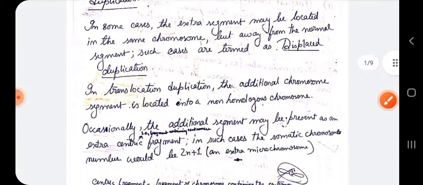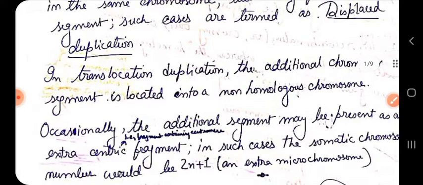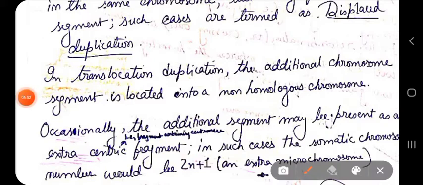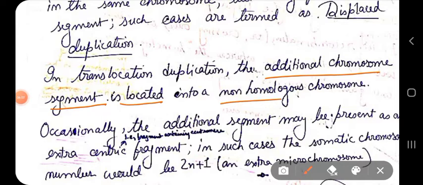And another type of duplication is called translocation duplication. It is just like a translocation when we study the simple translocation, where the additional chromosome segment is located in a non-homologous chromosome, in a different chromosome.